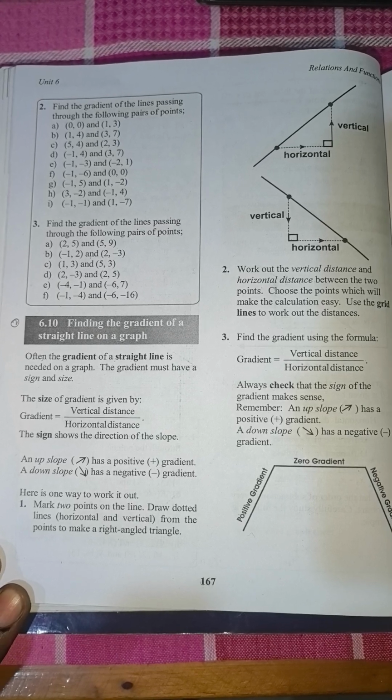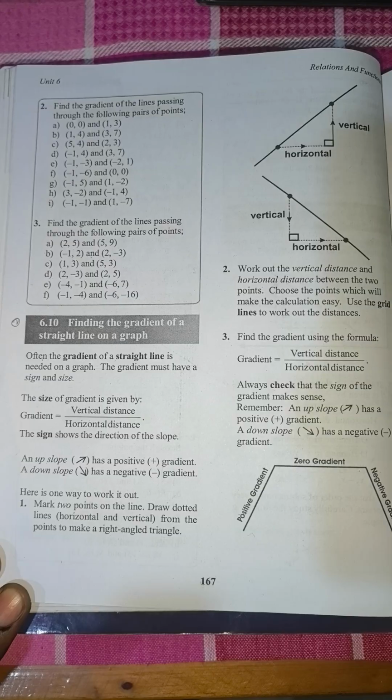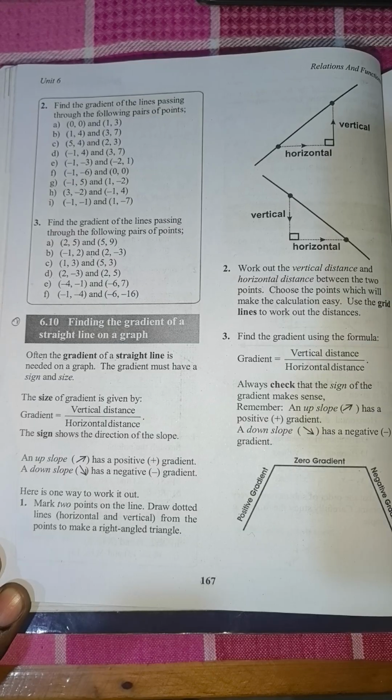Yes, welcome back. So now we are continuing with a topic on gradient of a straight line. We said the gradient of a straight line is the steepness or the slope of that line, either upward or downwards. Then we looked at the element of that, which was m.